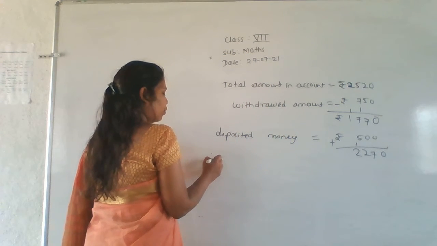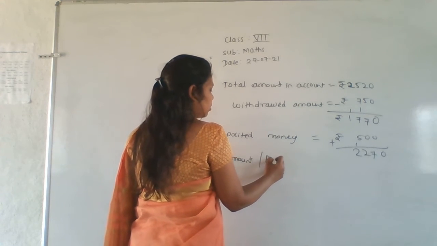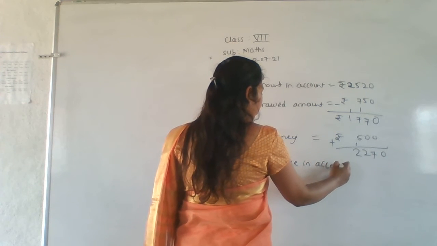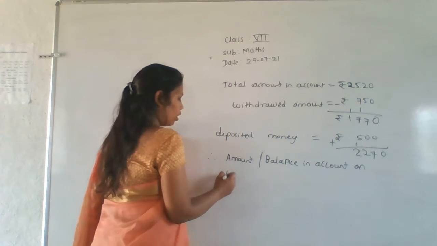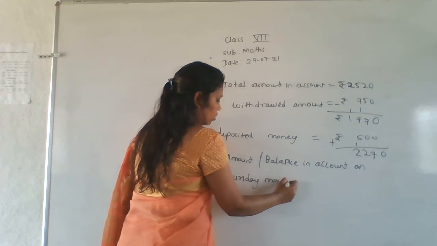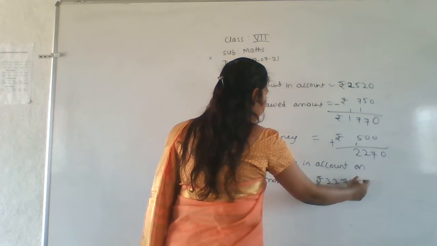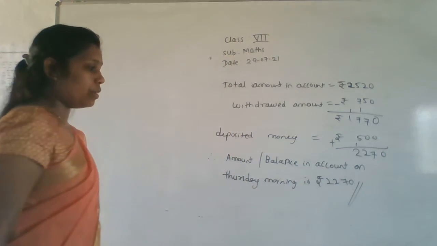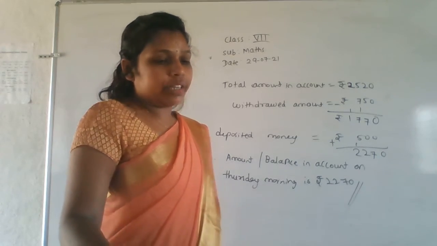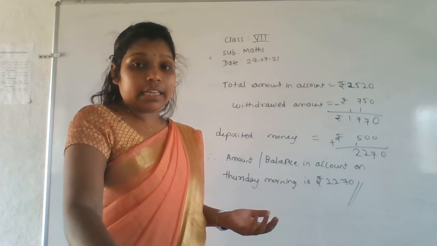Therefore, the balance in the account on Thursday morning is rupees 2270. 2270 rupees are there on Thursday morning. That is the problem. Withdrawal means you have to do the subtraction. Deposit means you have to add the numbers.